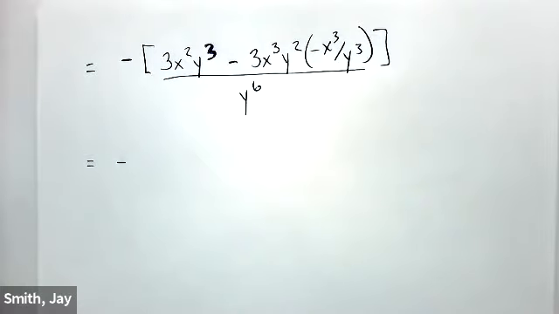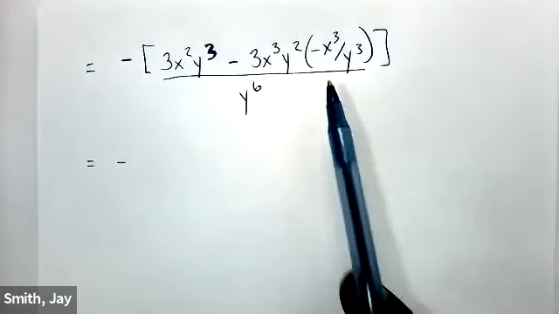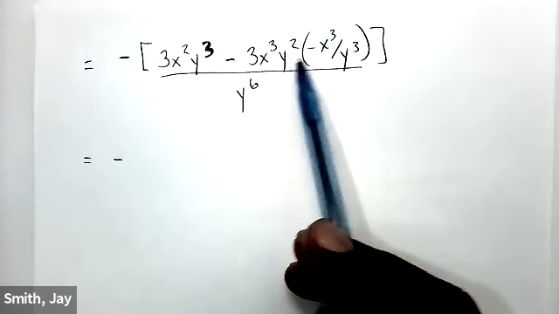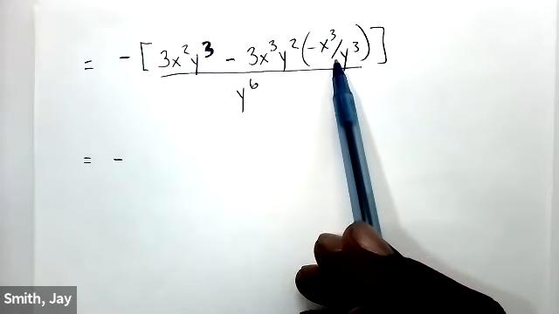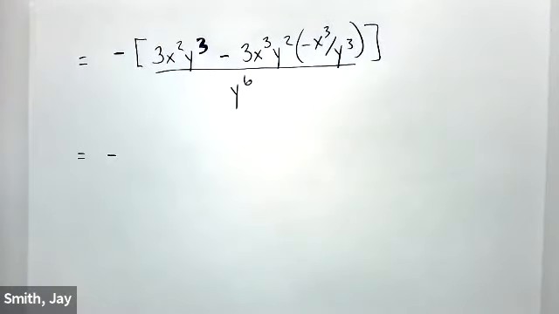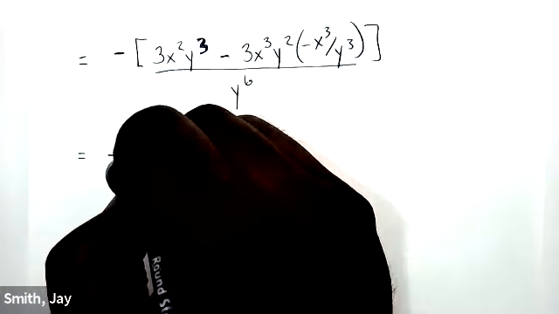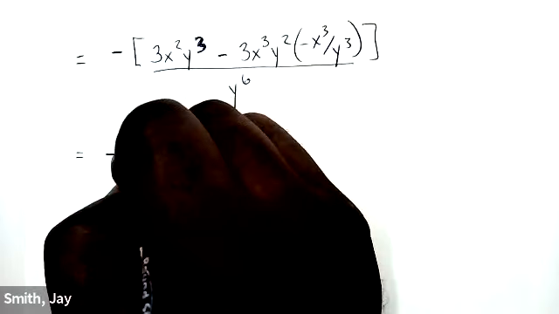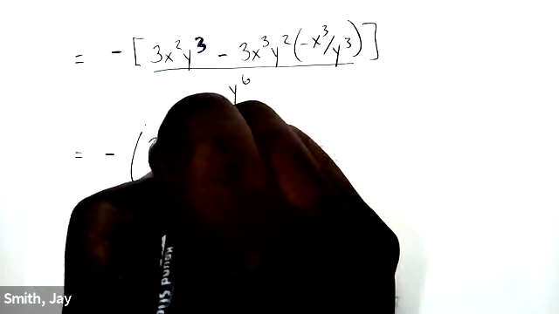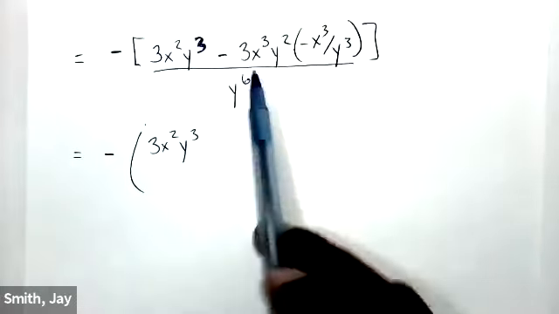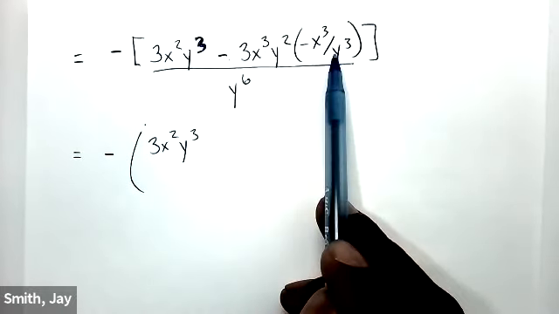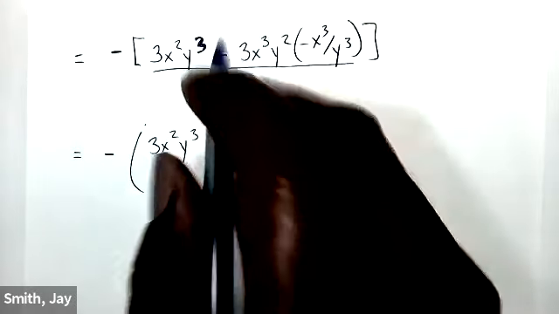All right. Still have that negative out front. For this product, 3x cubed y squared being multiplied by the quotient negative x cubed over y cubed, we can multiply that and do some simplification. Up top, we still have that 3x squared y cubed. We haven't really touched that yet. We're subtracting this product. If we have a positive times a negative, we're going to be subtracting a negative.